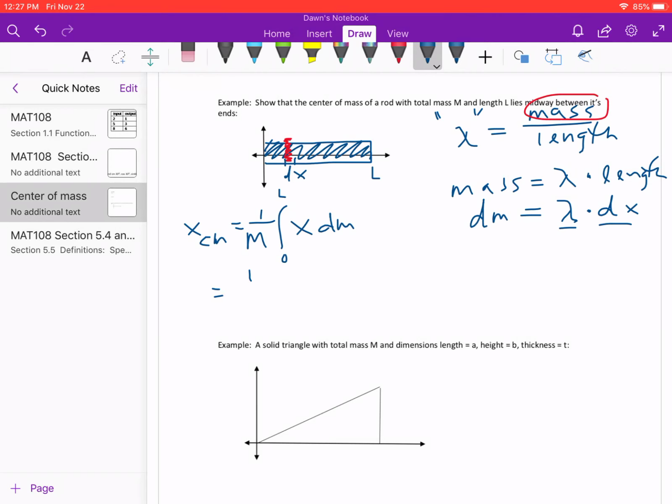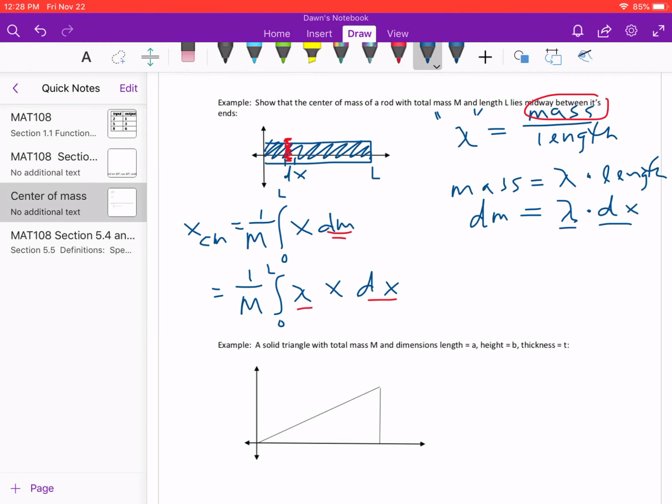This is equal to 1 over big capital M times the integral from 0 to L of lambda times x times dx, where lambda times dx is really the dm. That's where that comes from.